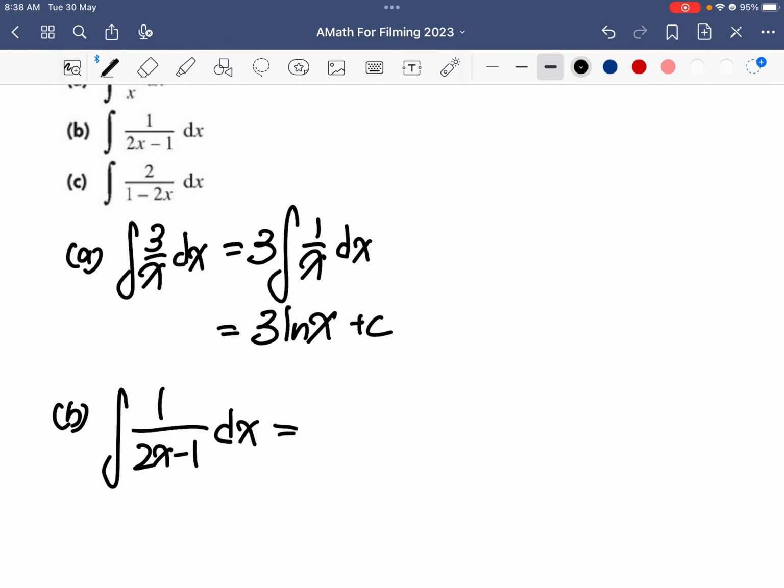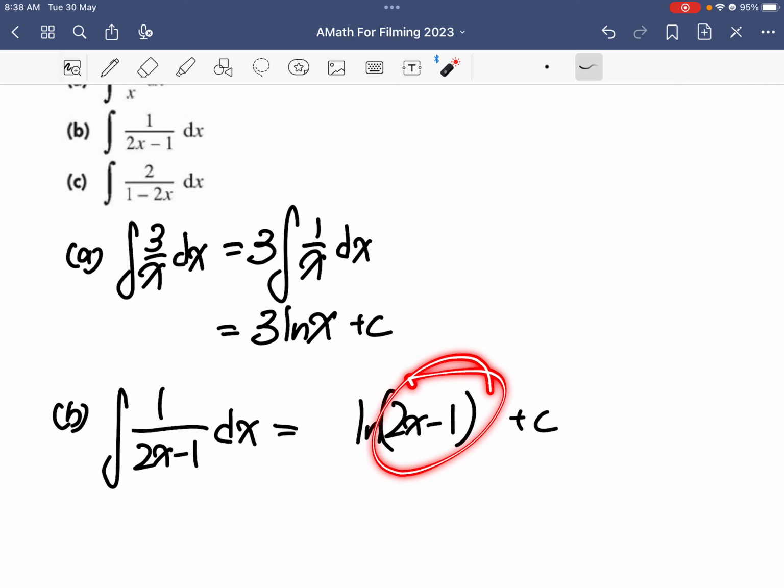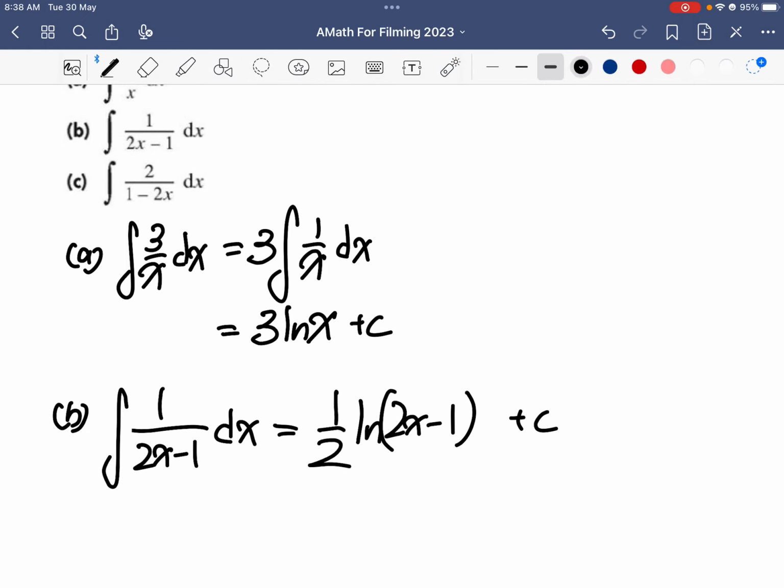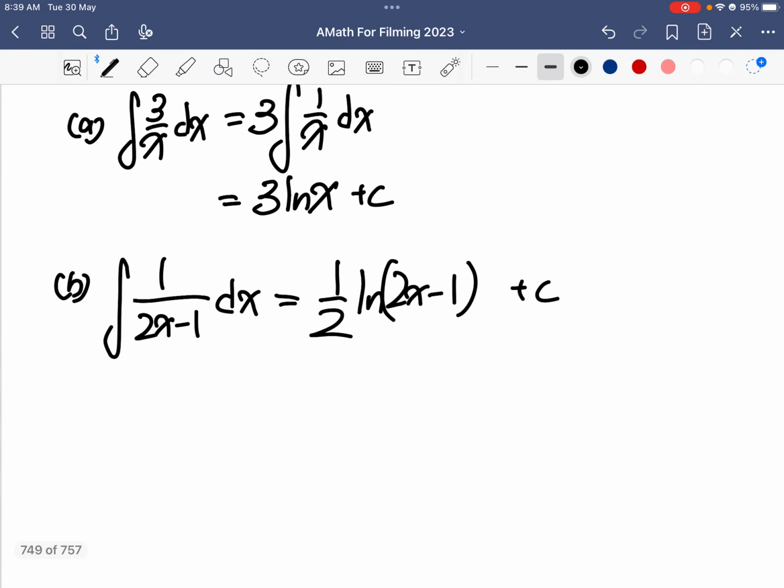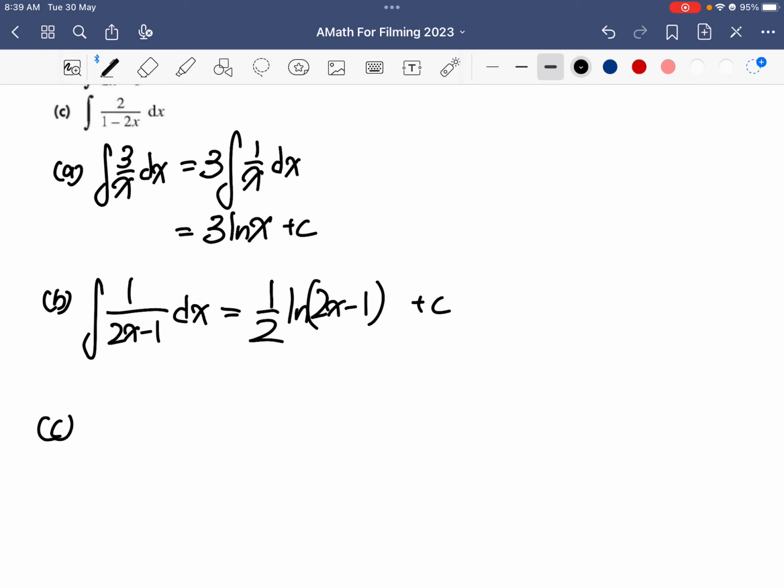Part B, you're integrating 1 over 2x minus 1 with respect to x. So you take back the reciprocal, so you get ln of 2x minus 1, plus c. Don't forget to differentiate the bracket and divide. So differentiating 2x minus 1, you get 2, so you put a half here. Hence, this gives you half of ln of 2x minus 1.